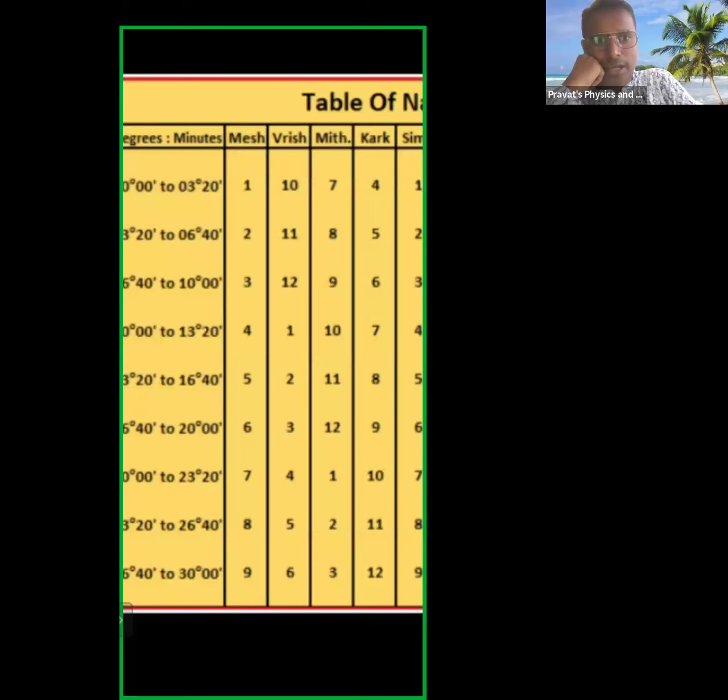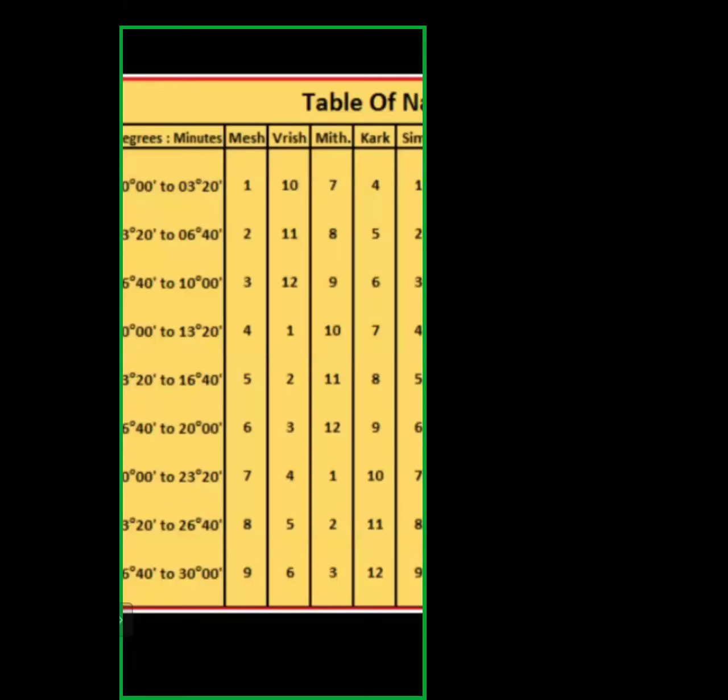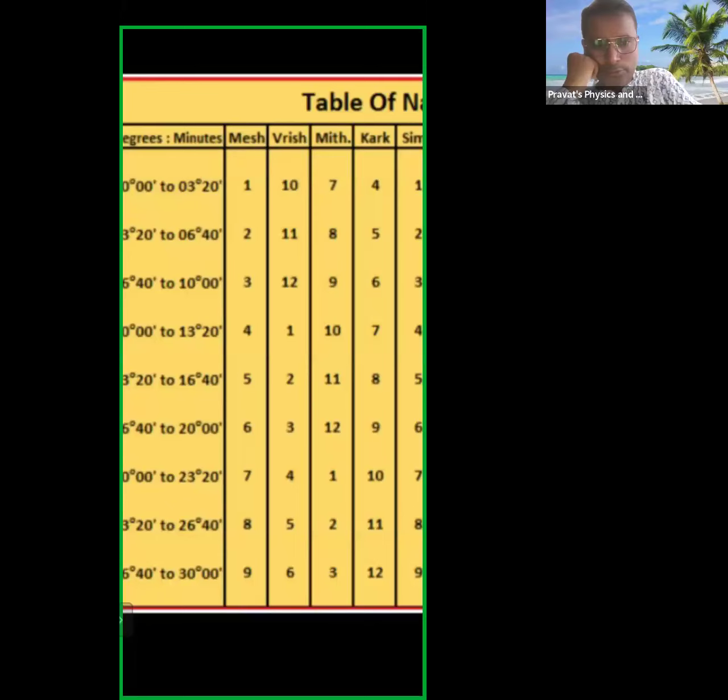If you are going to divide the 9 parts of Aries into 9 different signs, then the first division should go to which sign? Aries itself. You are dividing the degrees of Aries into different signs. Only 9 divisions are there.